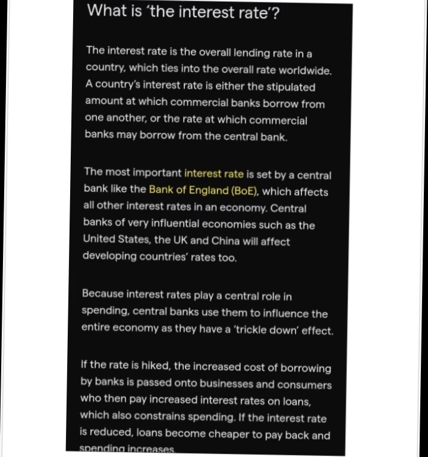Central banks of very influential economies such as the United States, the UK, and China will affect developing countries' rates too. Because interest rates play a central role in spending, central banks use them to influence the entire economy as they have trickle-down effects.